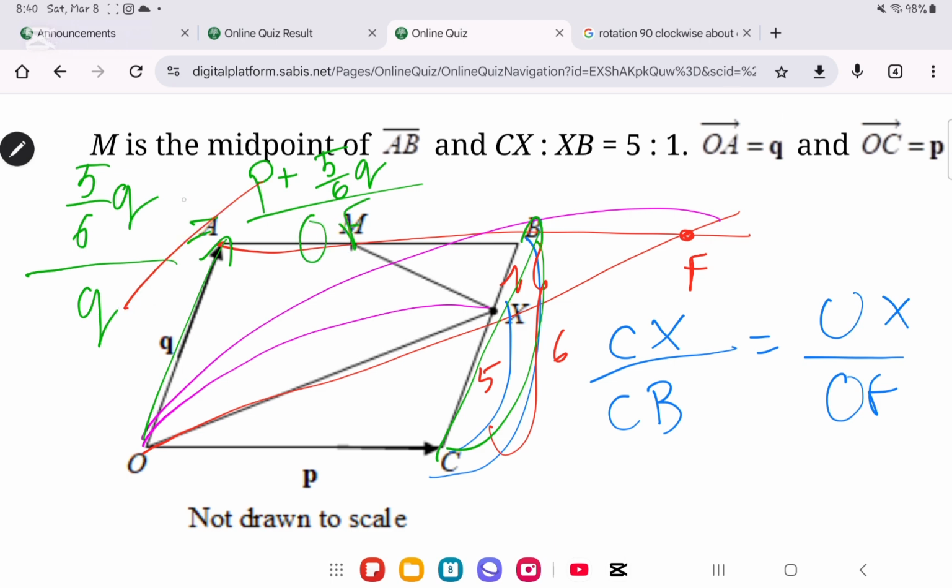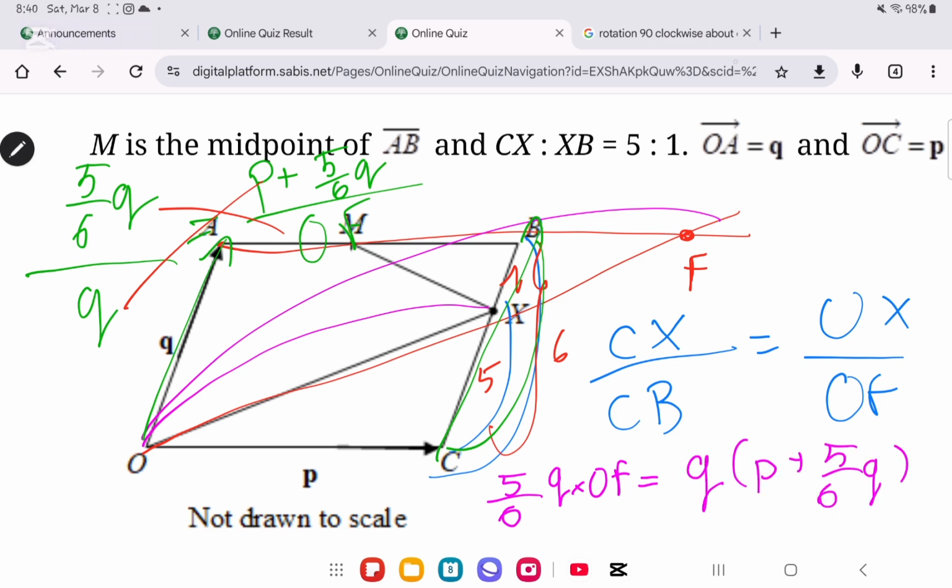So now you're gonna do cross multiplication, and you are gonna get 5 over 6Q times OF is equal to Q times P plus 5 over 6Q. First thing you could do is you could cancel Q and Q. And now to have OF alone, you would divide both sides by 5 over 6.